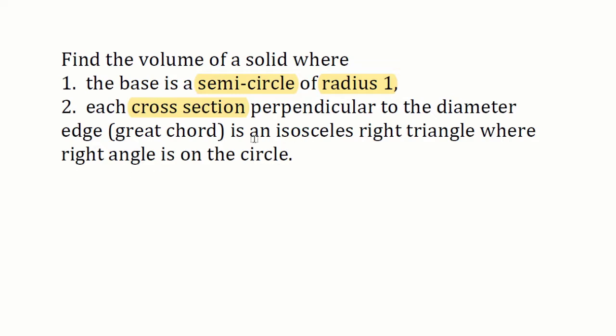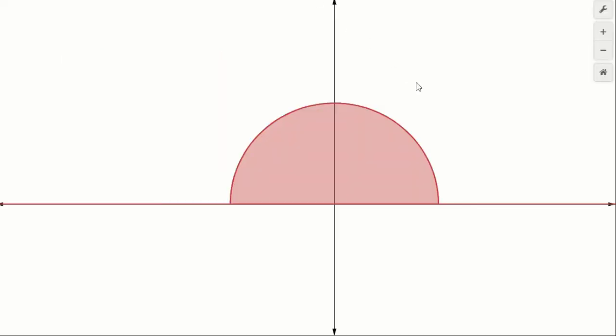It's a lot of fancy description, but let's first have a look at what the picture of the base region looks like. So right now I am going to look at the base region. This is what the base region looks like.